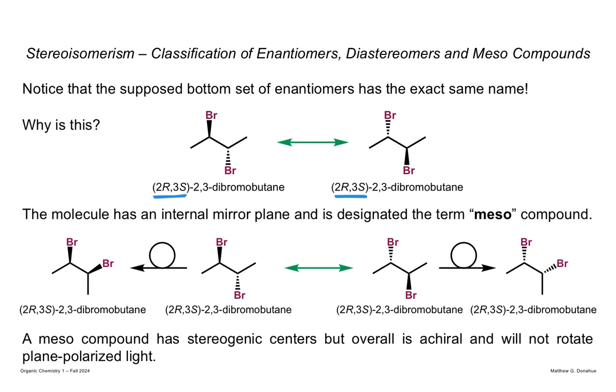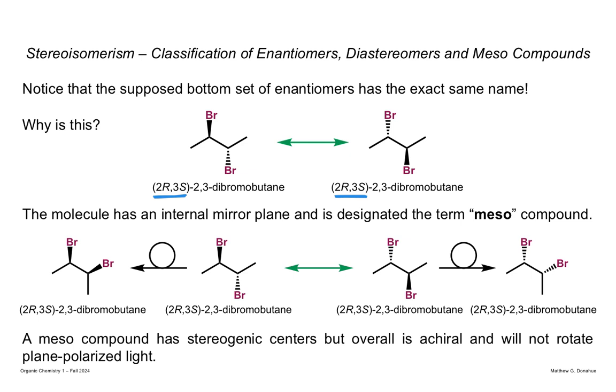Aside from the rotation argument, you rotate it, it's the same thing. Even though this has two stereocenters, this is a special type of compound called a meso compound, M-E-S-O.